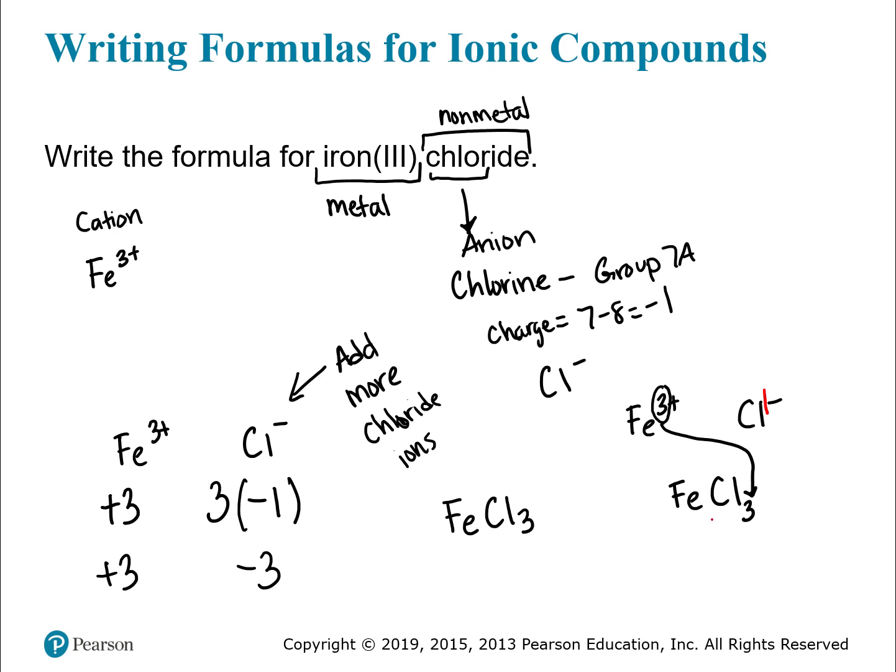So that's why you don't see a 1 after the iron. But if we needed to have more than one iron, then we would write that in. So that's the cross method. And as long as you cross properly, you'll get the right answer every time.